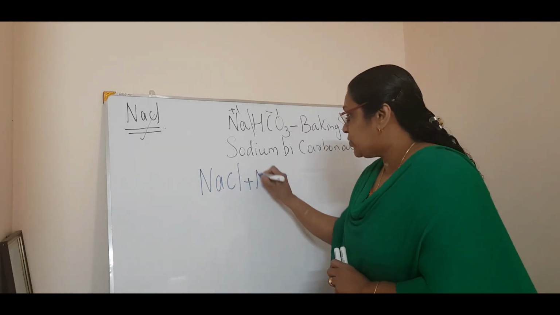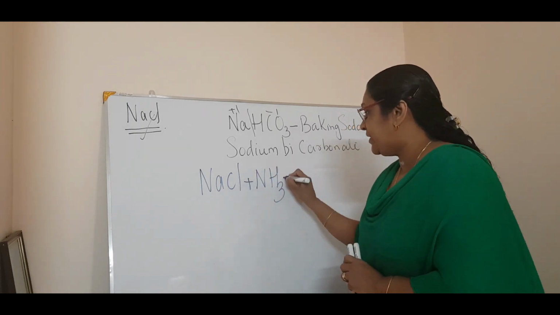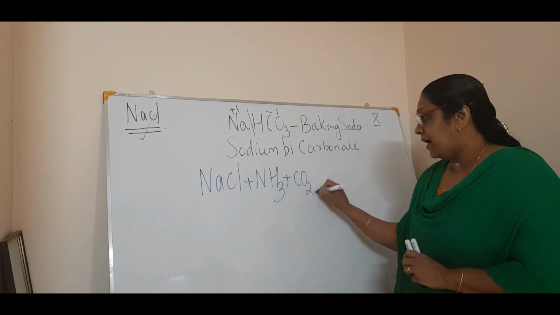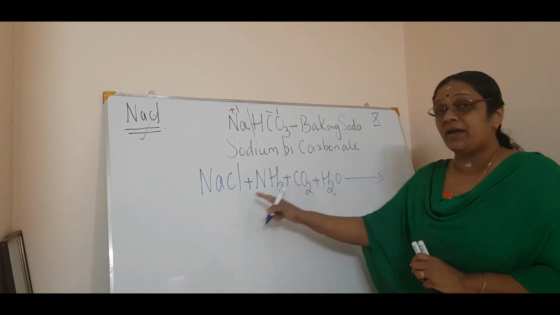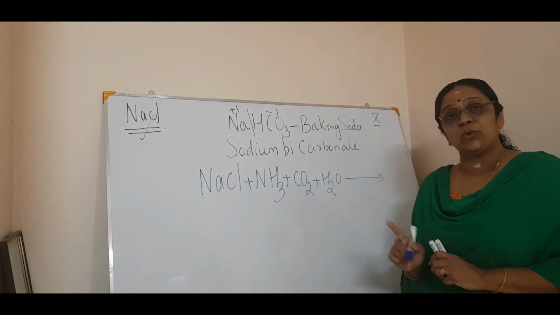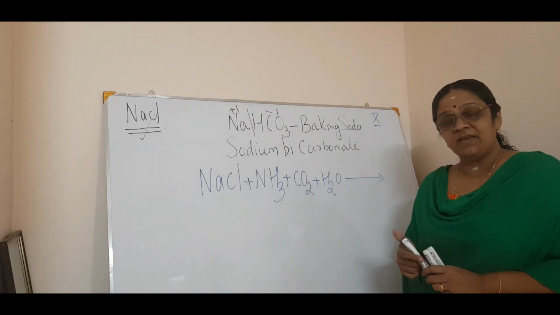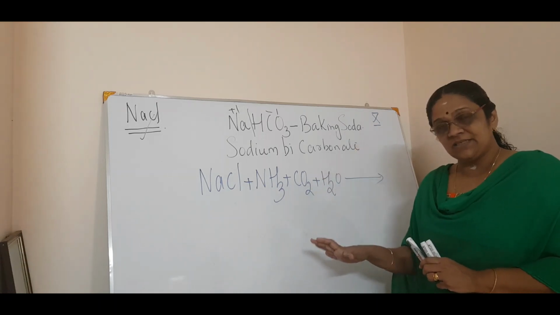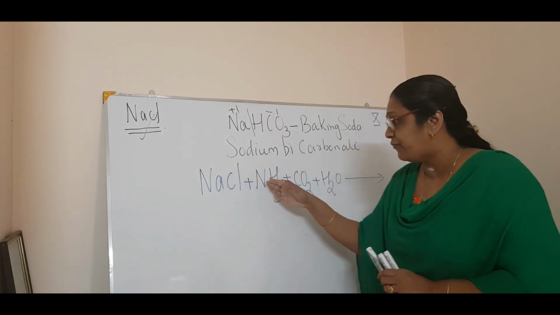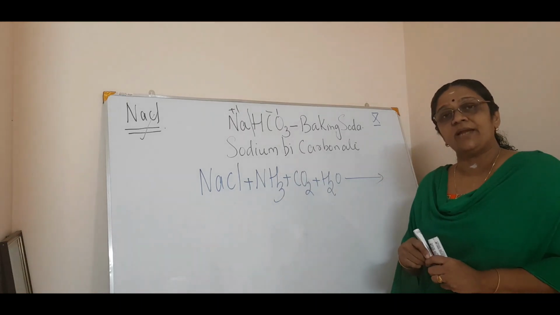Now, when sodium chloride is treated with ammonia, carbon dioxide and water, this is the only equation where there are 4 reactants coming together. Keep in mind. In your chemistry textbook, of all the 5 chapters, this is the only equation where 4 reactants are put together to get products.